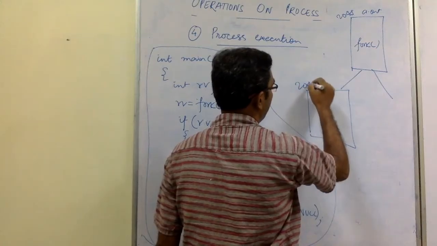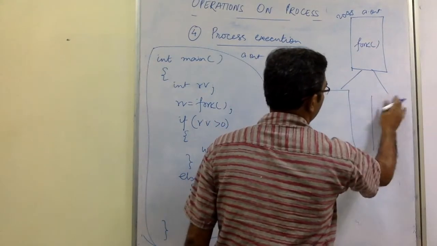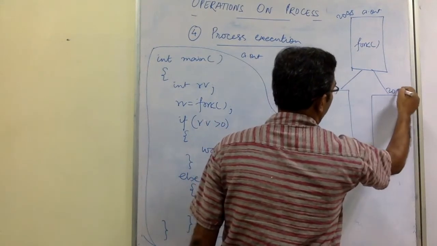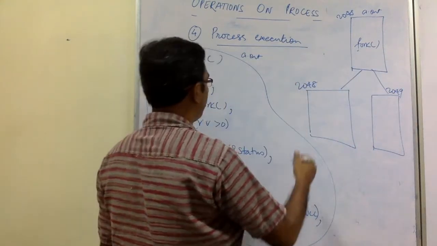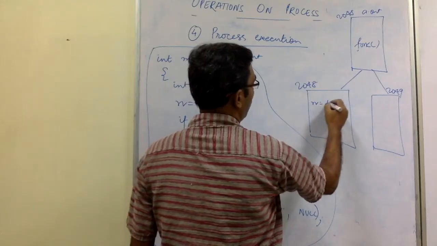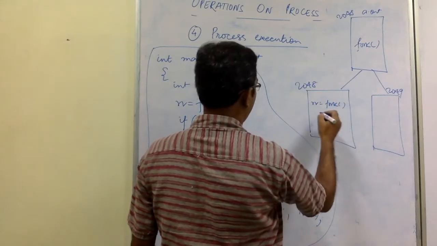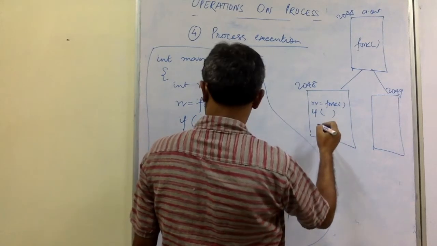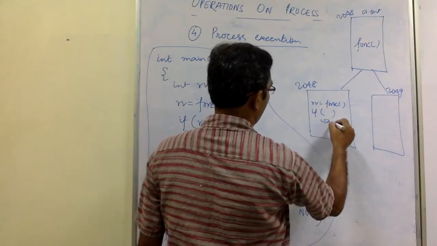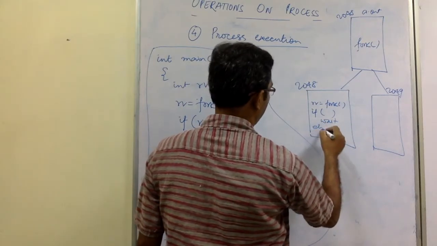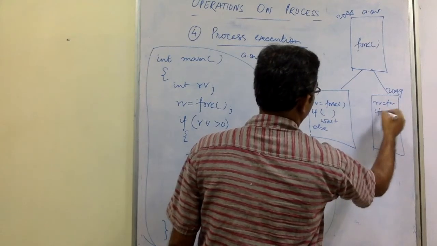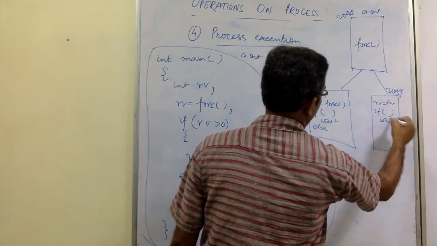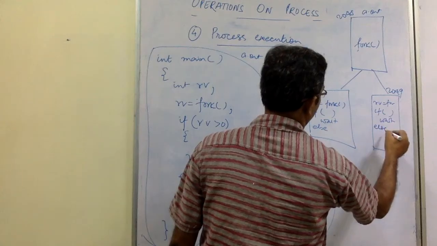So we have 2048 and we have 2049. So till this fork is executed, everything is the same. So that means we have RV equal to fork, then we have this if block, then we have this wait, and we have this else block. The same thing, RV equal to fork, we have this if block here, wait, and this else block.